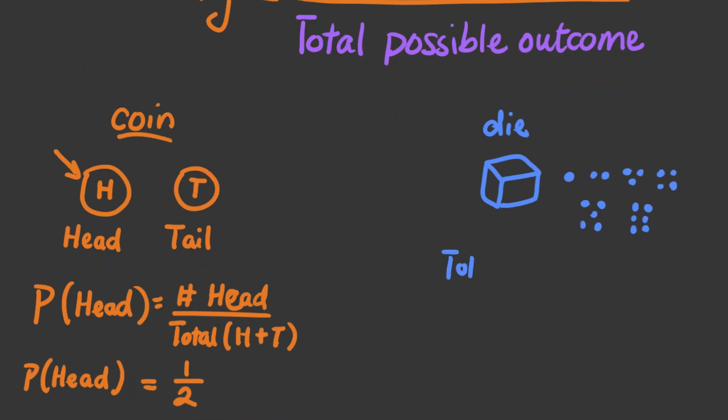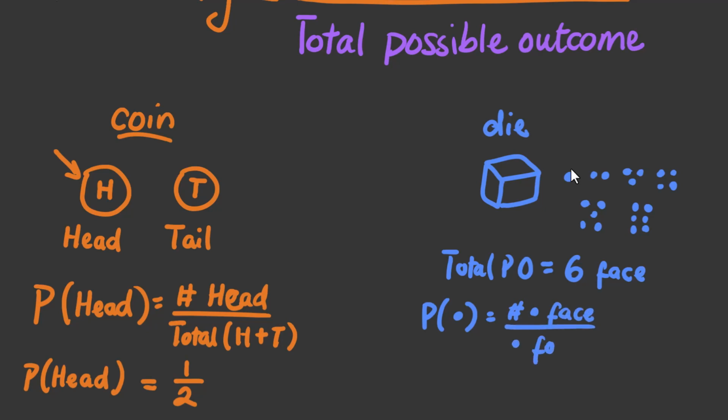Therefore, the total possible outcomes are what? We have 6 faces, and when you're asked to find the probability of tossing a 1, it means that we have only one face that has a 1 dot. Therefore, the number of 1 dot faces divided by the total number of faces is one face divided by 6.